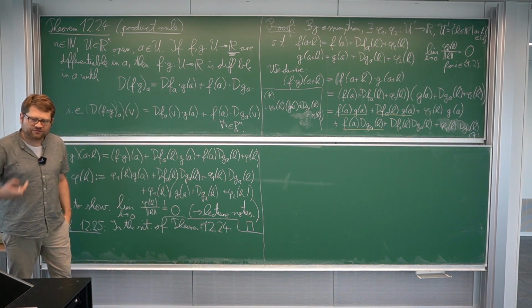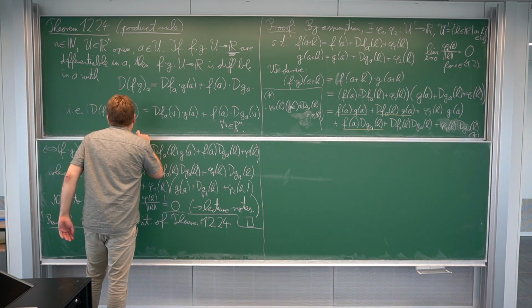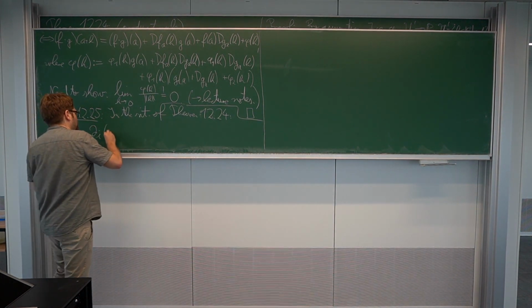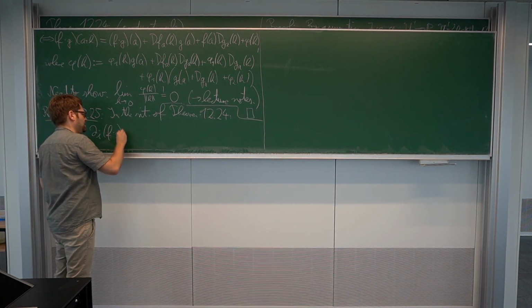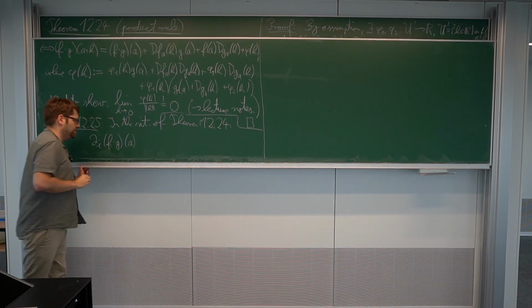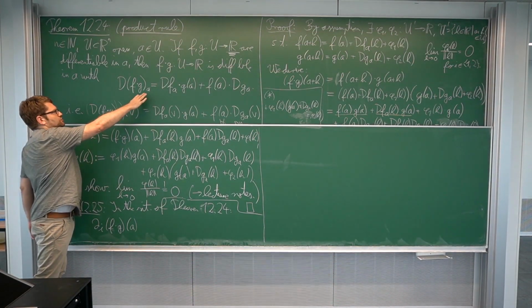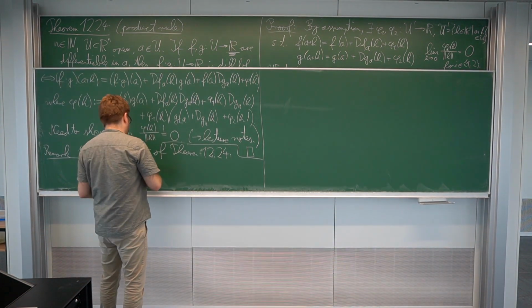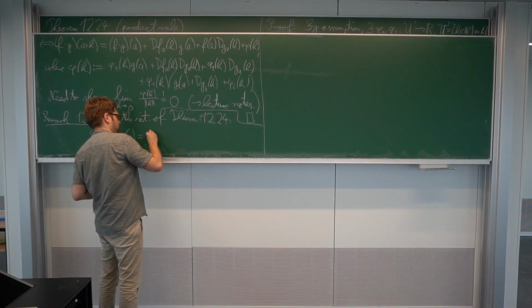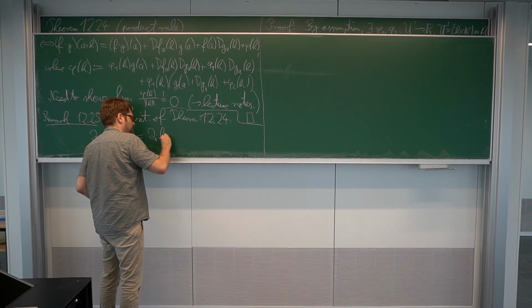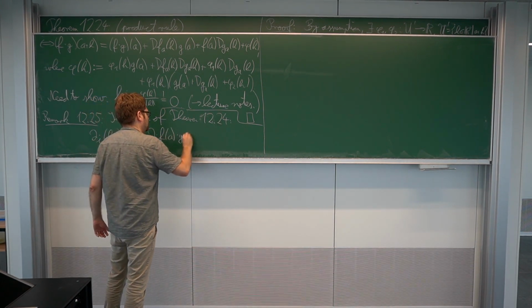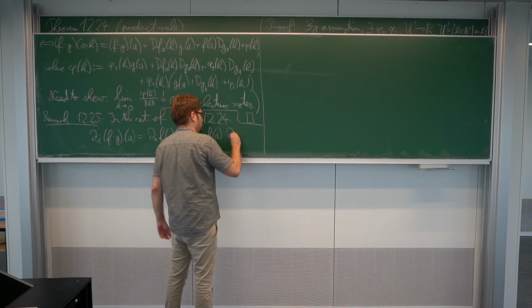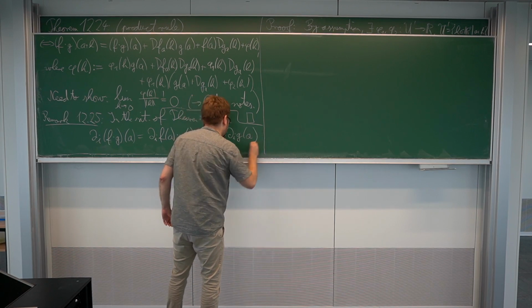And if we then rewrite everything as partial derivatives, we get that the ith partial derivative of f times g in the point a tells us that we get the ith partial derivative of f in a times g of a plus f of a times the ith partial derivative of g in a.